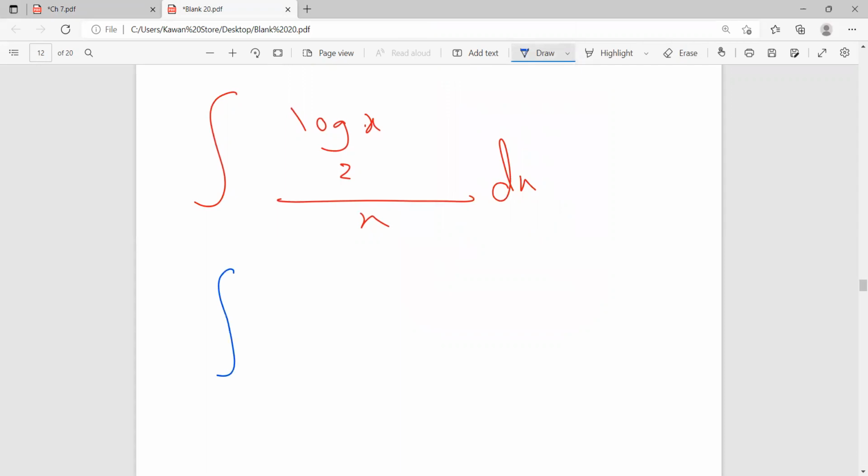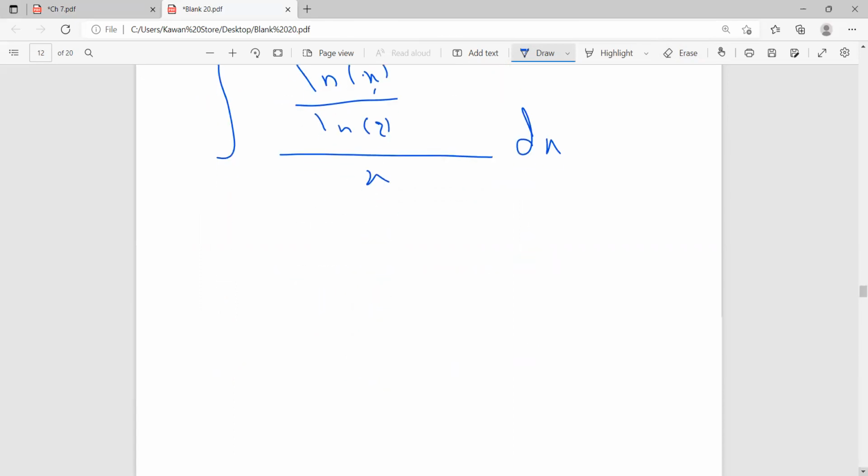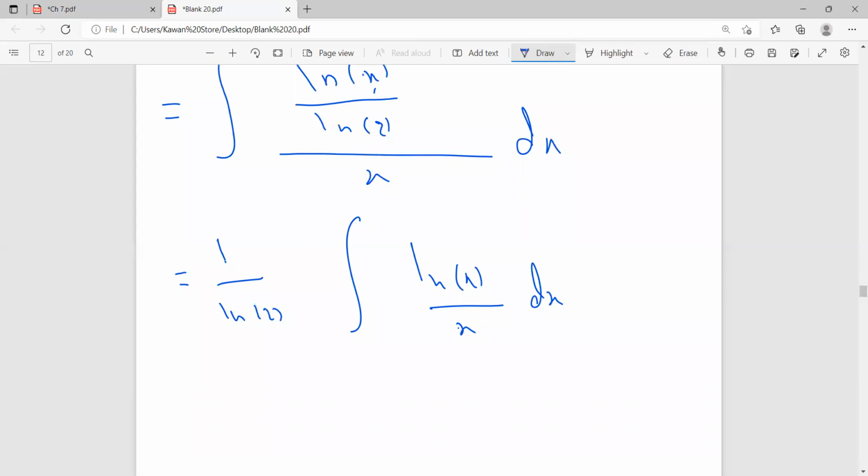I change log to Ln of x over Ln of 2, over x dx. Am I right? And I'm going to bring that one out. Understood? What did I do?